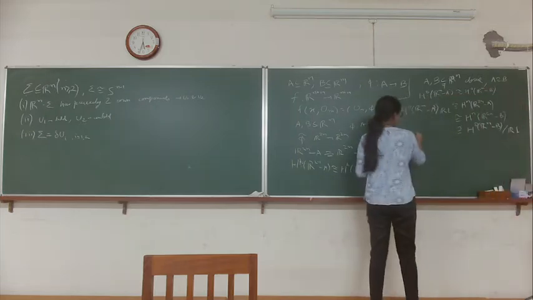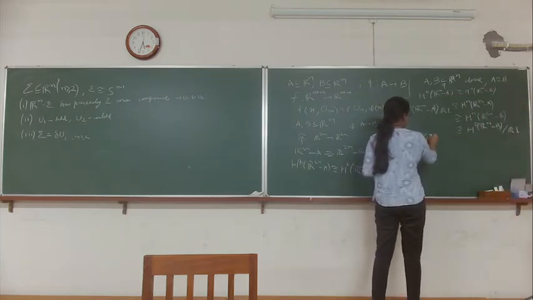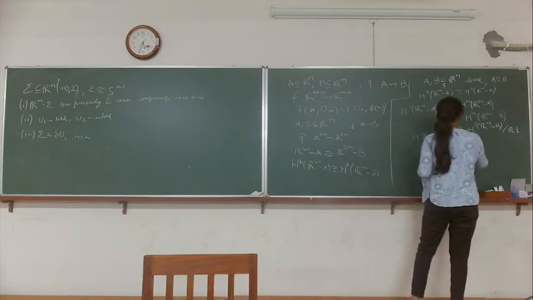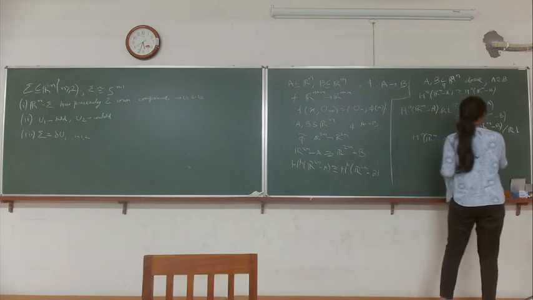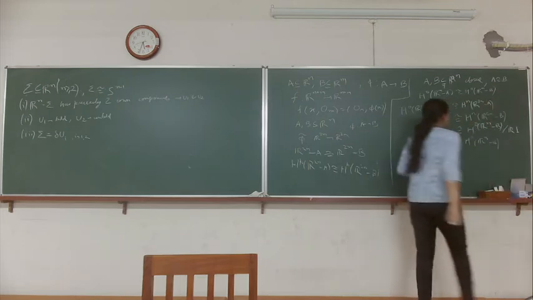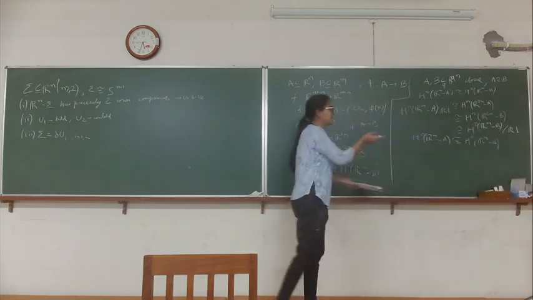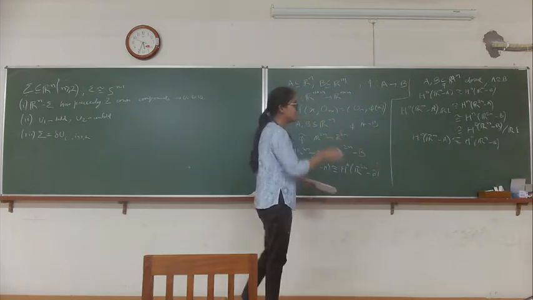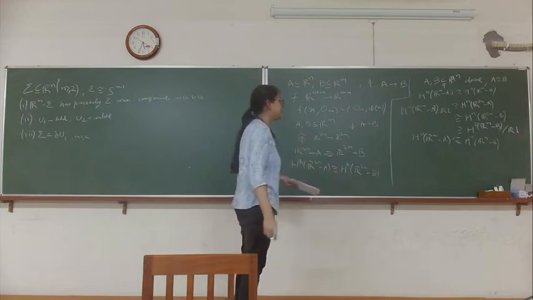Hence from that we simply have H^0(R^n minus A) isomorphic to H^0(R^n minus B). Since if they're infinite dimensional, they're isomorphic, and if they're finite dimensional, then subtracting one from their dimensions, we get that these two are still isomorphic.